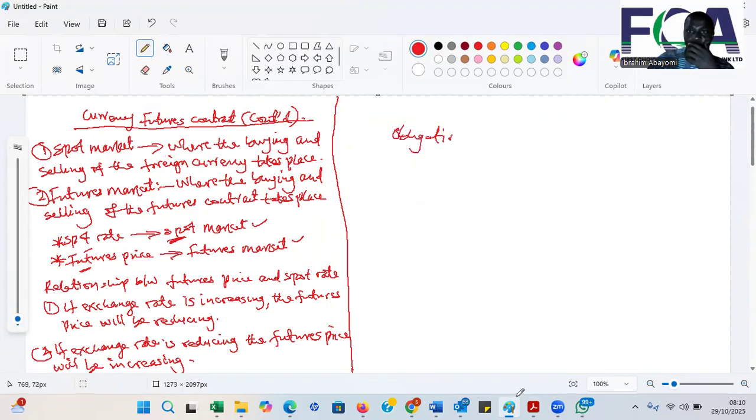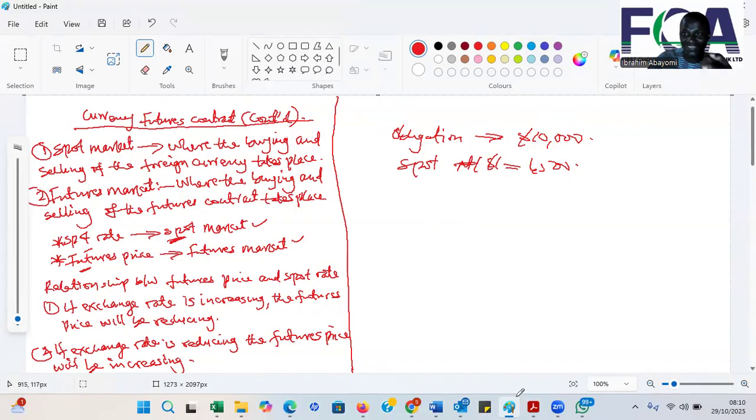So now, I have an obligation. The obligation is for $10,000 that I need to pay to a US supplier in 3 months' time, for instance. And currently, the spot rate, naira to dollar, let's assume is 1,500 naira as of today. Now, what is my fear?